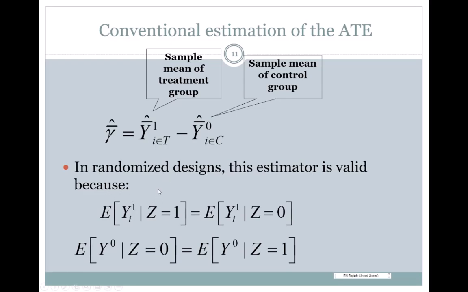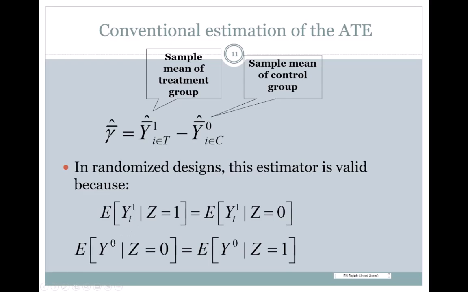More specifically, in an experimental design, the expected value of the outcome in the presence of treatment for those that are treated is equal to the expected value of the outcome in the presence of treatment for those that are not treated, right? So in other words, those that are treated are equivalent to those that are not treated if they had received the treatment.